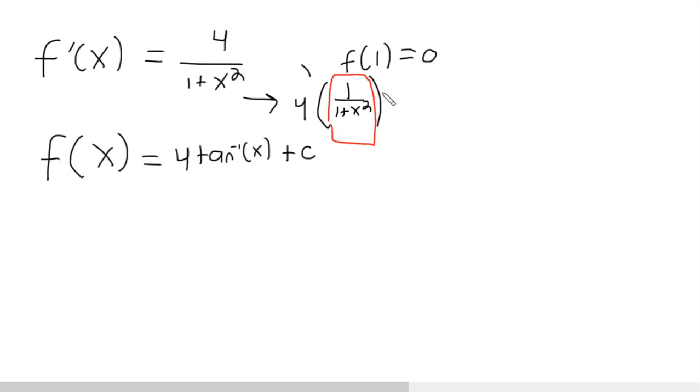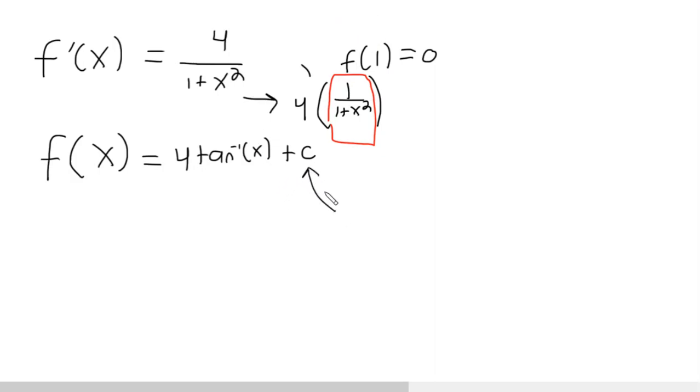But what I can do is plug in this 1 and this 0. Reason being is whenever you're dealing with these antiderivative problems on your homework or on your test, you'll do what we did before, but if it gives you this other task, it says like f of 1 equals 0 or something like that, that means it wants you to find out what that c value is.